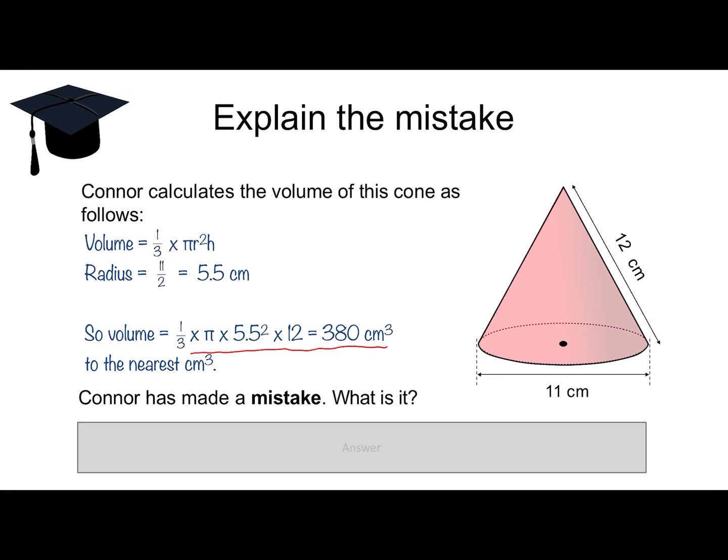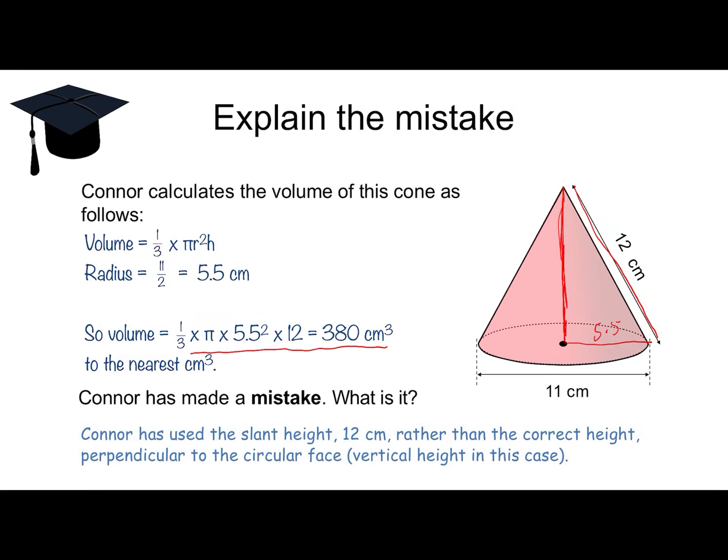Hopefully you've realised that the mistake he's made is that he has used the slant height as the height when really he needs to use the perpendicular height. So you would need to use a bit of Pythagoras' theorem to work out what the perpendicular height is before you actually work out the volume.